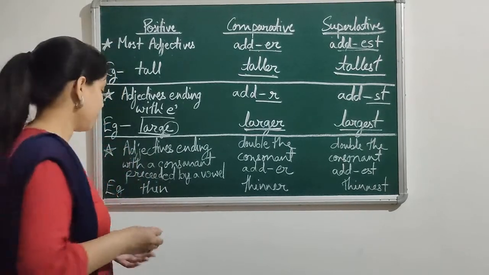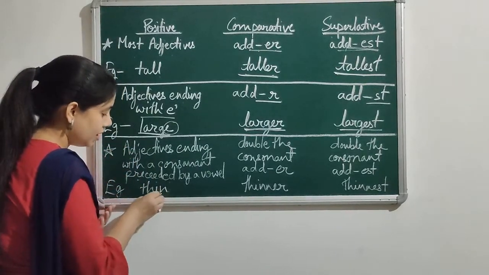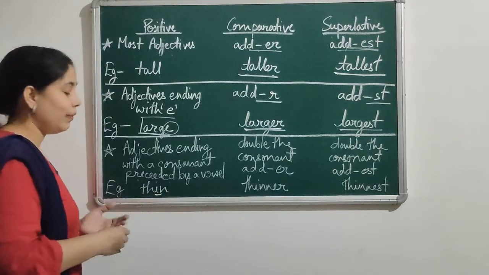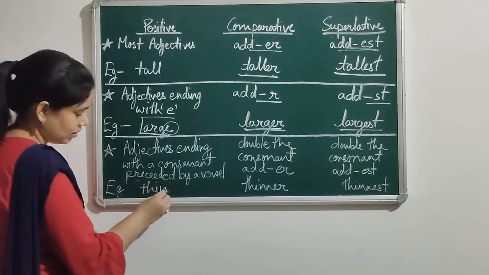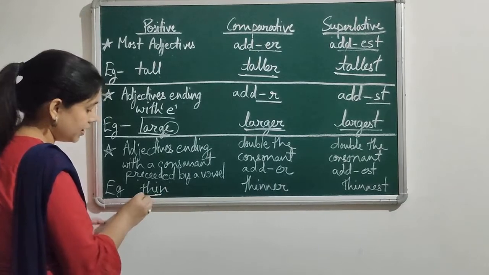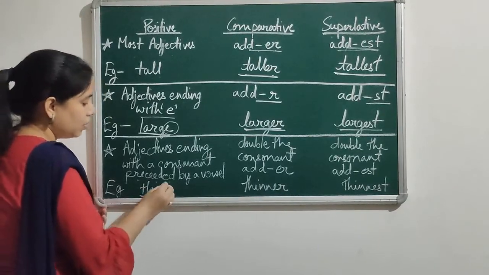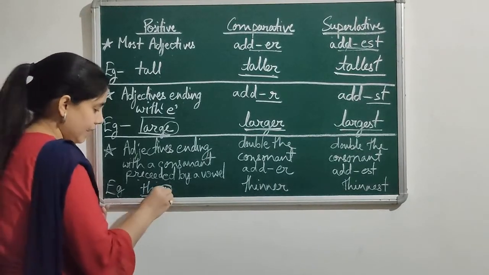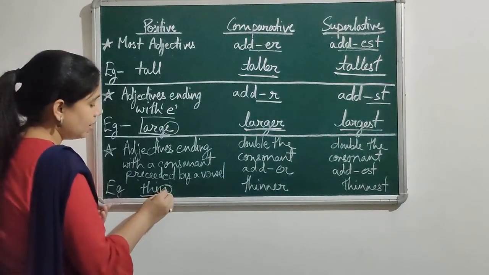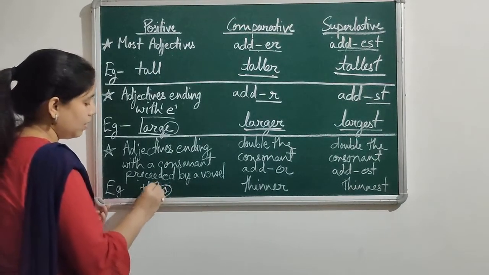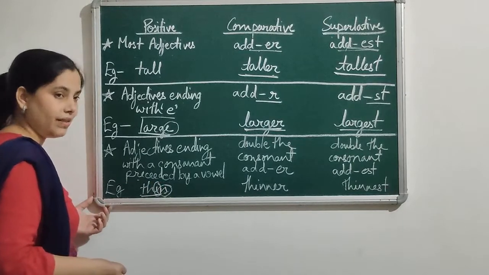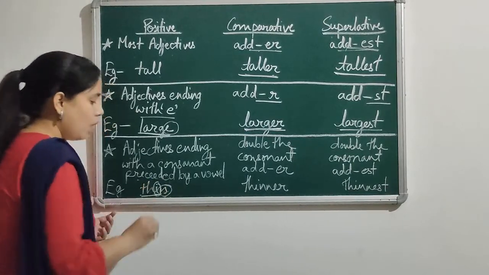Preceded means that it comes before the consonant. Like in this word, T-H-I-N, the word is ending with the consonant N, but before this consonant, the alphabet I is given, and I is a vowel.